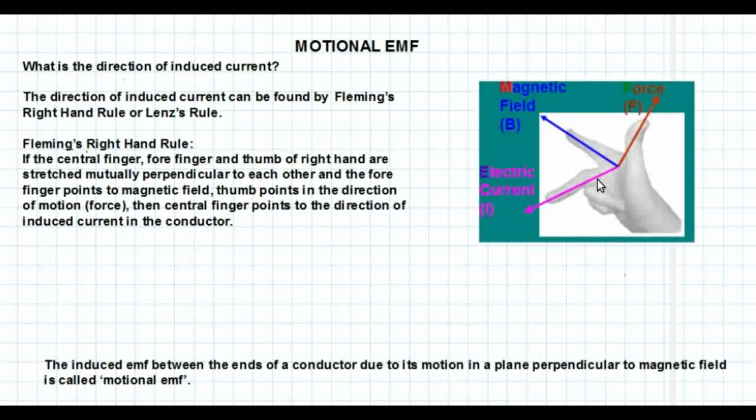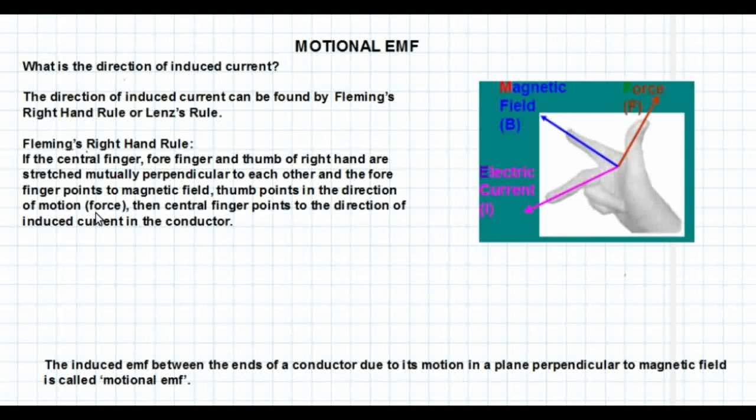So here we have this forefinger. The forefinger should point the direction of the magnetic field. So it is the same as in the case of Fleming's left hand rule also, right? So the forefinger represents the direction of the magnetic field, and the thumb points the direction of force or the direction of motion, right?